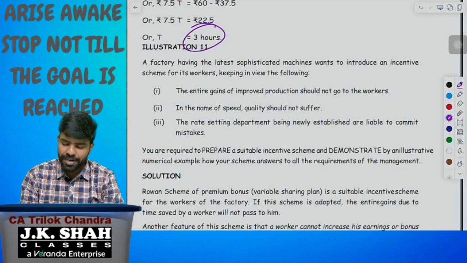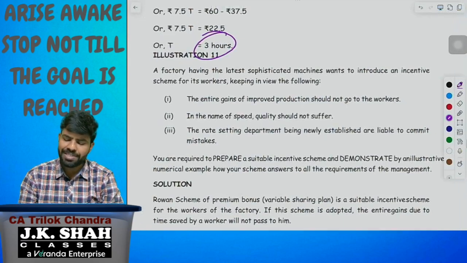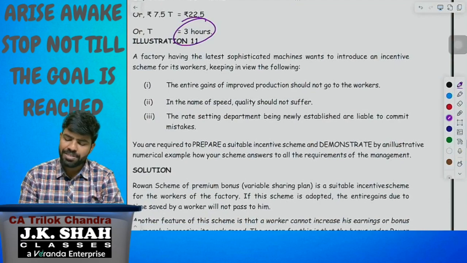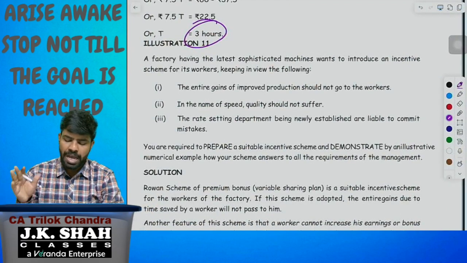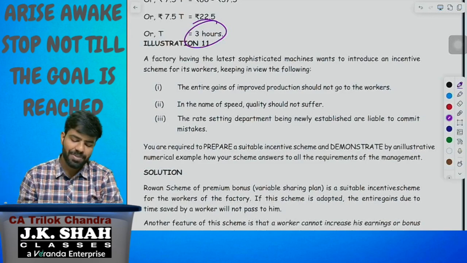In the name of speed, quality should not suffer. The rate setting department, being newly established, is liable to commit mistakes. You are required to prepare a suitable incentive scheme and demonstrate by an illustrative numerical example how your scheme answers all the requirements of the management.